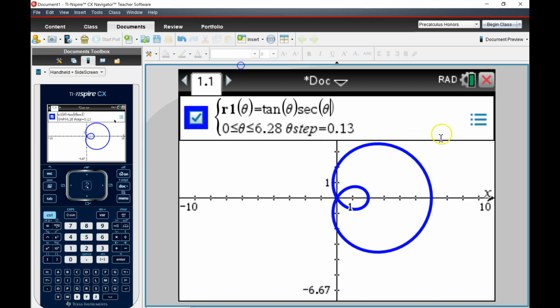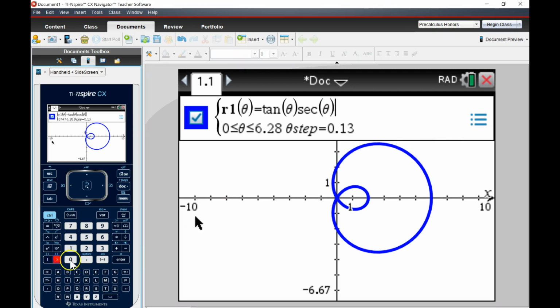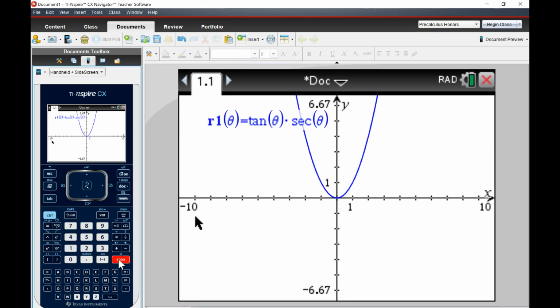The whole thing or just like the 3.14 to 6.28? Graph it, look at that. How cool is that? That's super, super cool. That's that parabola that we were graphing before. In rectangular coordinates, remember it was y equals x squared, and look at that, it's a perfect y equals x squared, but it's tangent theta, secant theta.